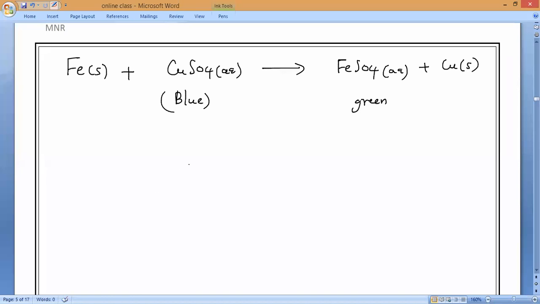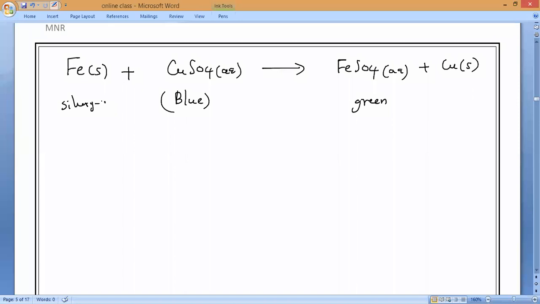Now, let us see how to perform this activity. You have to understand very carefully. What is the color of iron, guys? Silvery white. Yes or no? And if it is coming in the product, what is the color of that iron? It is dark gray.